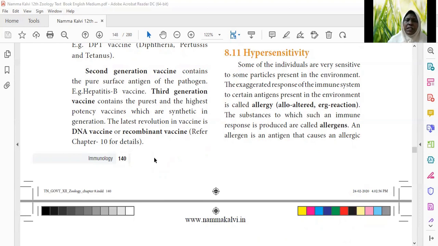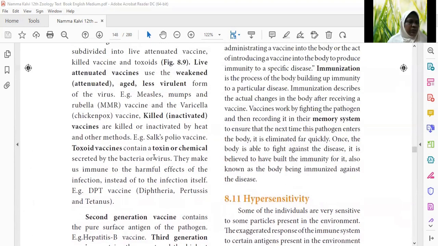They are produced by synthetic process. So the latest revolution in vaccines is the DNA vaccine. The example for third generation vaccine is the DNA vaccine or recombinant vaccine. So this is all about first generation vaccine, second generation vaccine, and third generation vaccine.